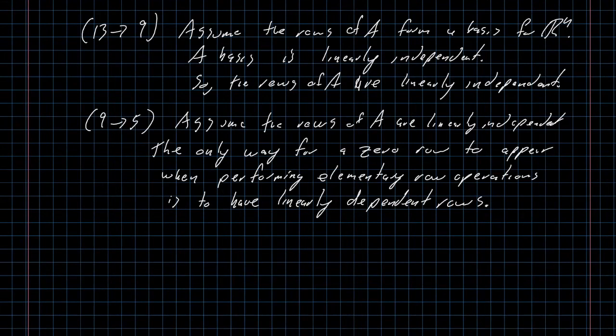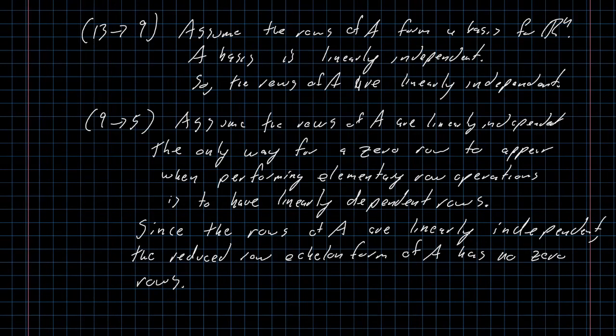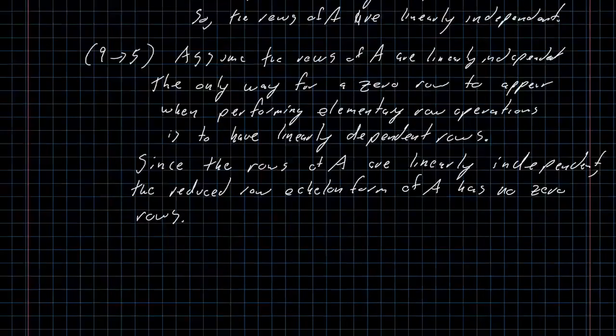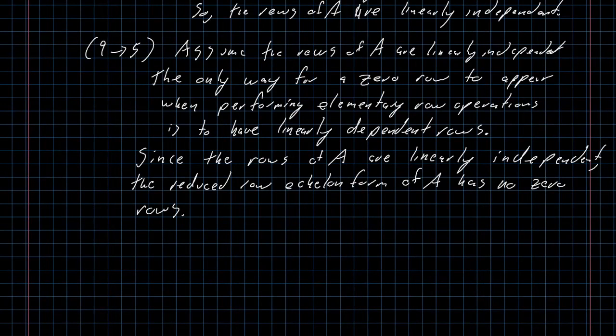Since our rows are linearly independent, since the rows of A are linearly independent, the reduced row echelon form of A has no 0 rows. And the only square matrix in reduced row echelon form with no 0 rows is the identity matrix.